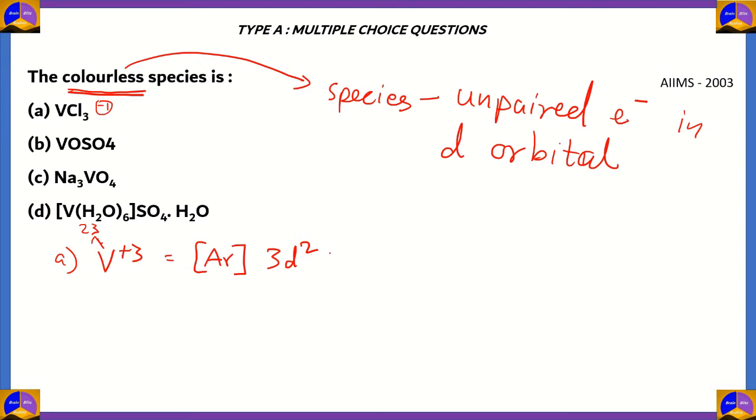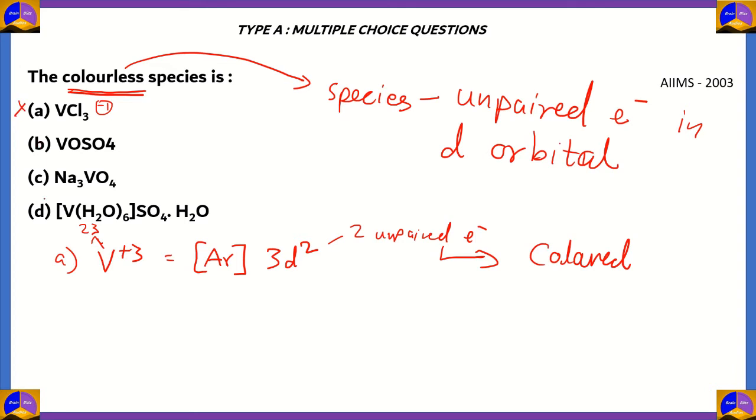And since the s electrons go first, you have a configuration of Ar and 3d2 for V3+. So that means you have 2 unpaired electrons. And since there are 2 unpaired electrons, this compound is colored. So option A is incorrect.